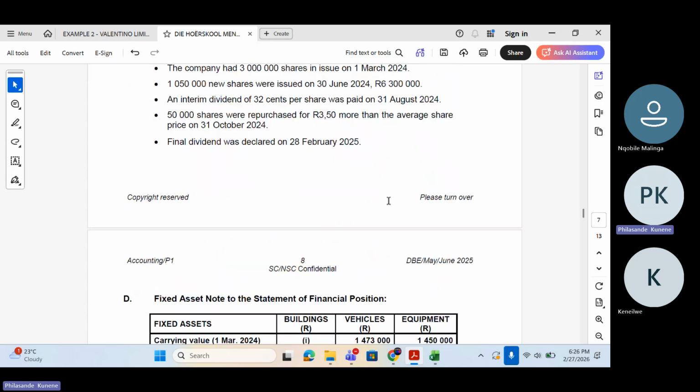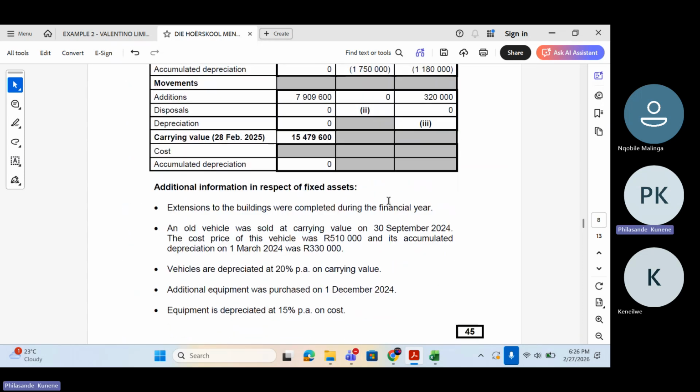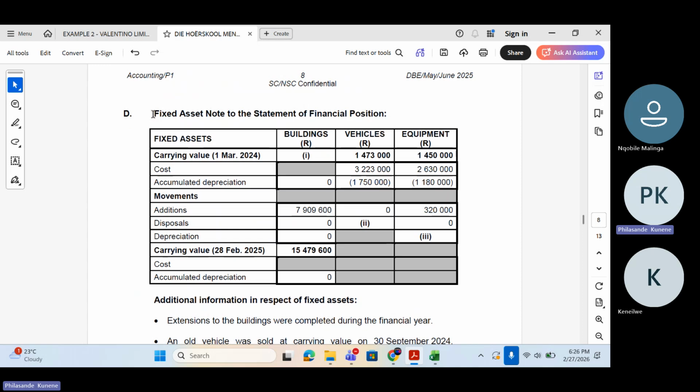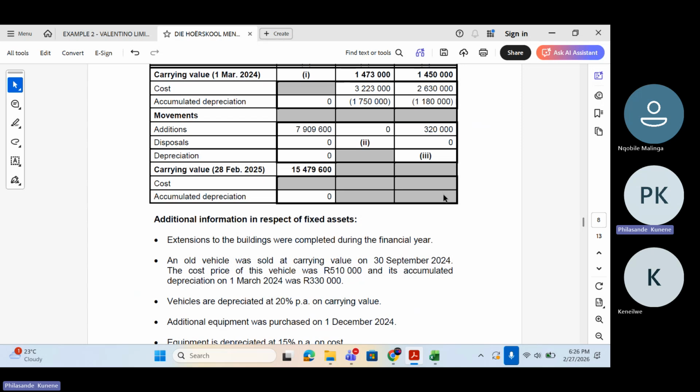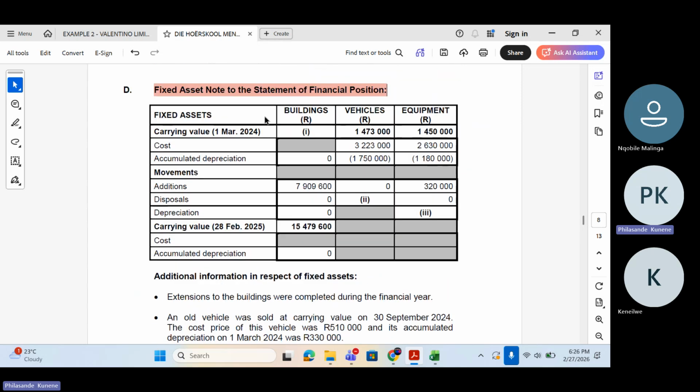I'll go to information number D. I won't bother myself looking at other things. But you see here, the fixed asset note to the statement of financial position. We have buildings, we have vehicles, and we have the equipment. Carrying value on 1 March 2024 is the carrying value at the beginning.